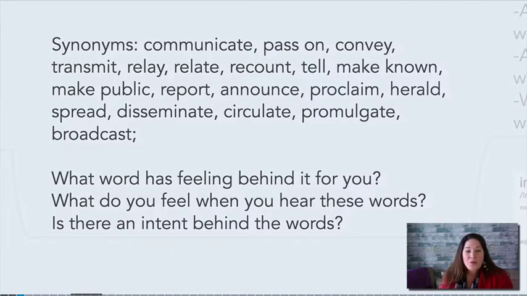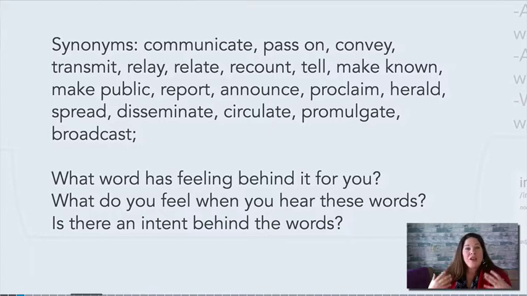I encourage you, look at the synonyms and look at the words and then ask yourself these questions. What word has feeling behind it for you? When we're working through word doodling, the feelings can be what we would label positive, or they could be what we would label negative or even heavy. They're not judgment feelings.